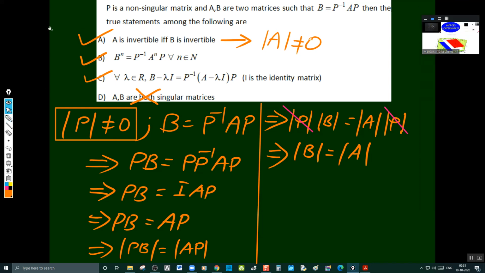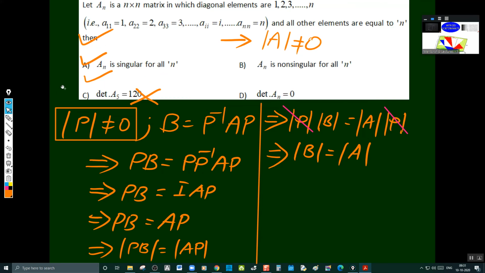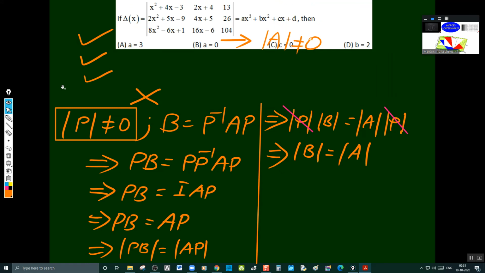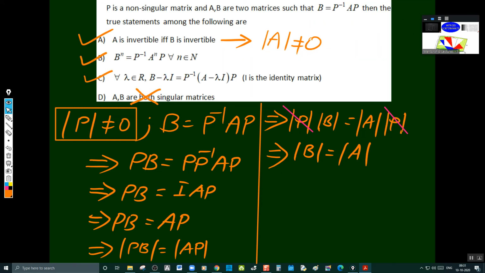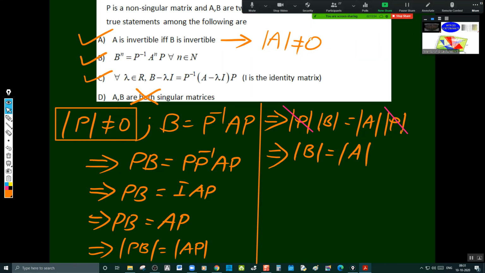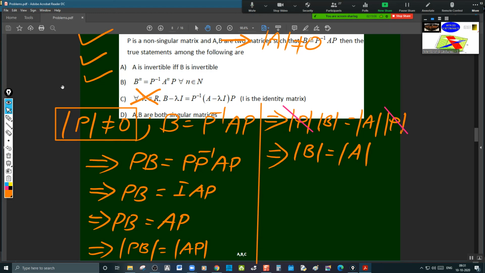But anyway, let me check the answer once. Sometimes we may go wrong. A, B, C correct. Correct. So whatever settings I did to prepare the document are working out perfectly.